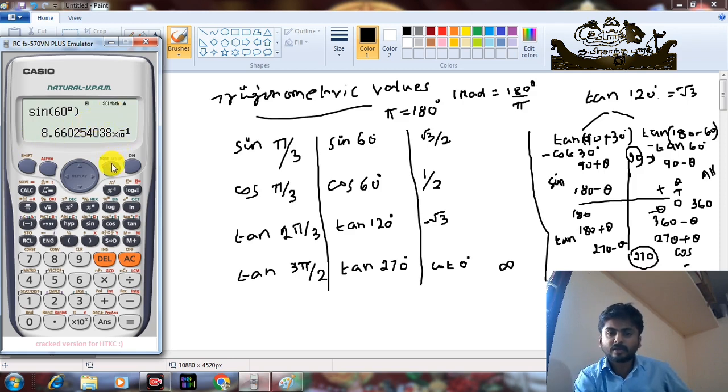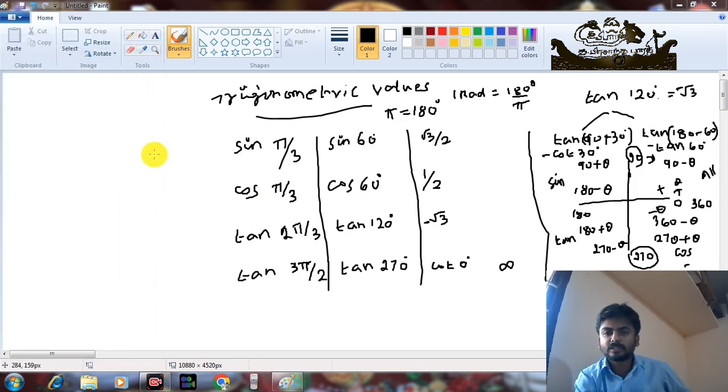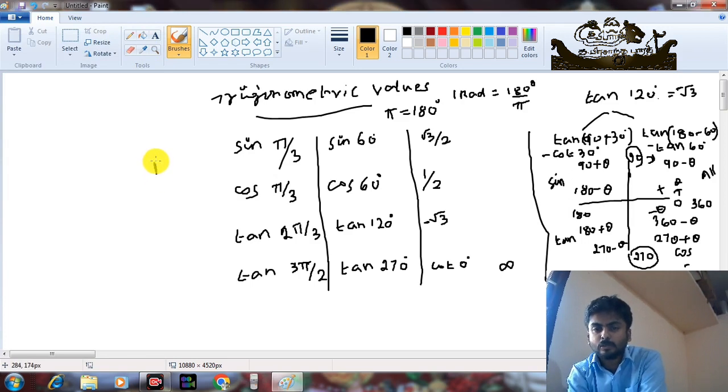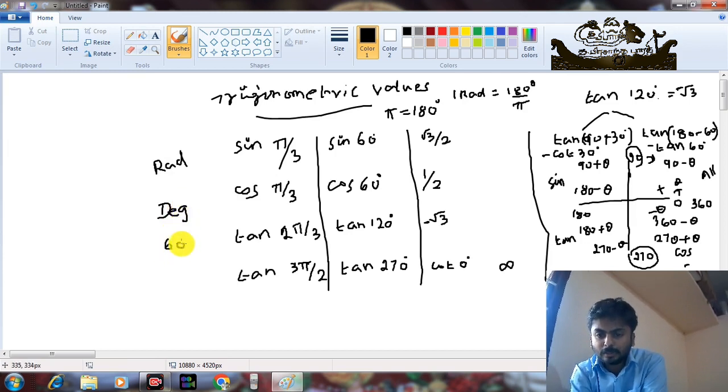So that is what we are discussing. The concept here is there are two modes in the calculator: one is radian mode and another one is degree mode. In degree mode only you have to use simply 60 or 60 degree.